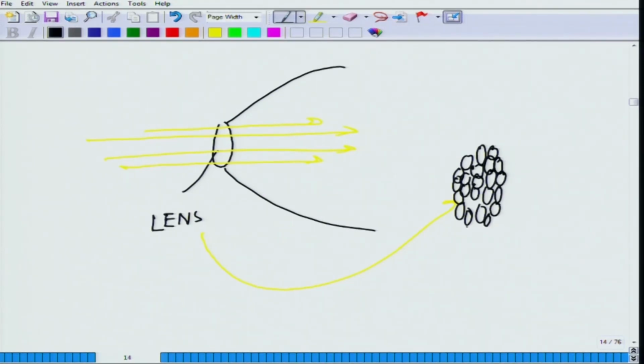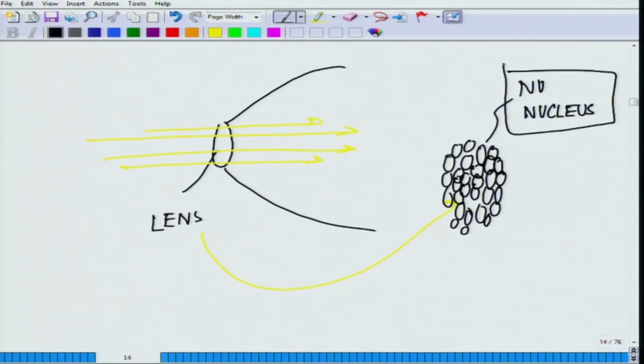And none of these structures have any nucleus, and in the case of the lens, they are filled with a fluid or kind of gelatinous protein called crystalline.